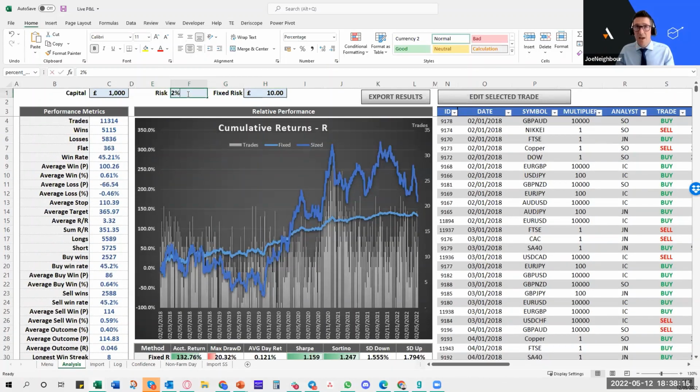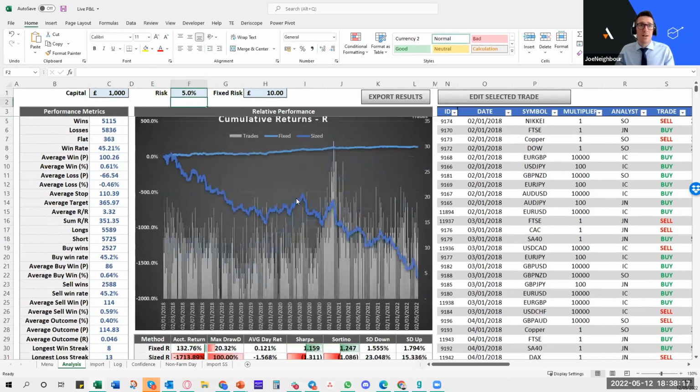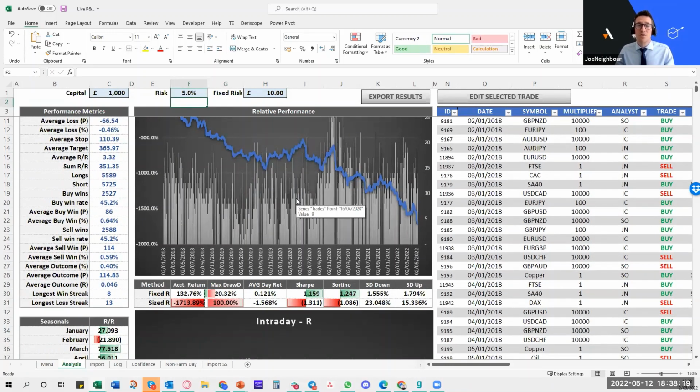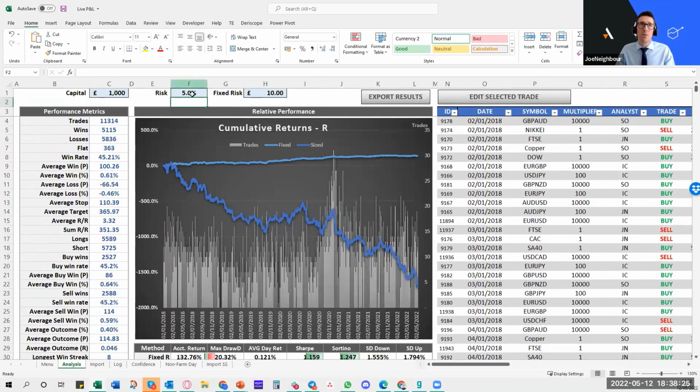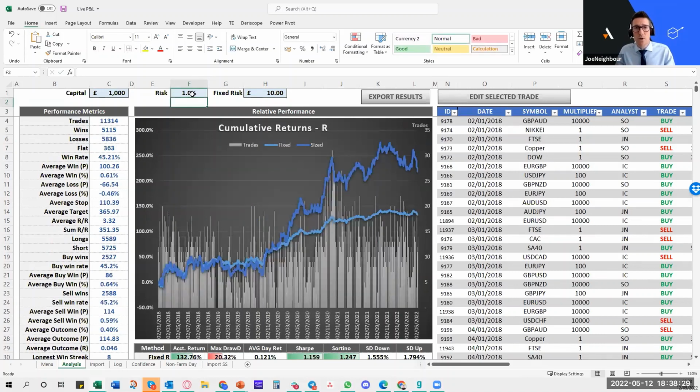And if we start putting that up to sort of 5%, then we are talking about total catastrophe and an absolute blow up of your account, which of course we all want to avoid. So please bear this in mind. It is so important to take a considered approach to risk when trading financial markets.